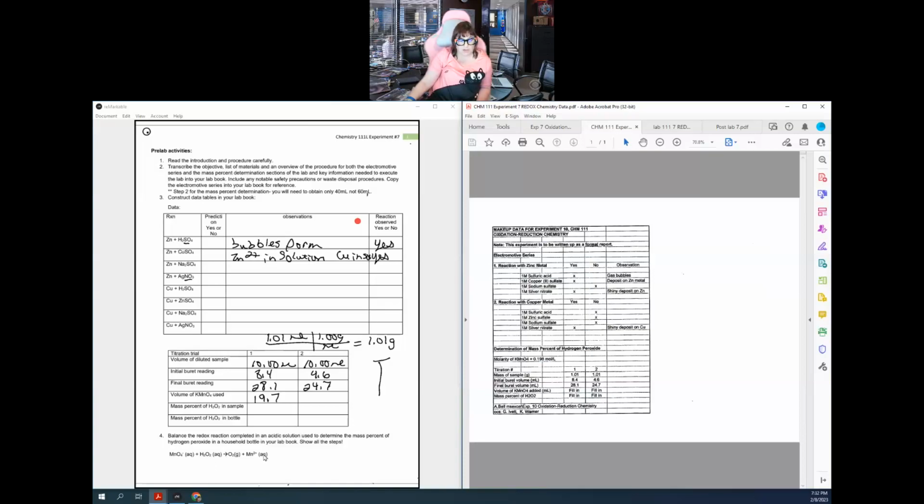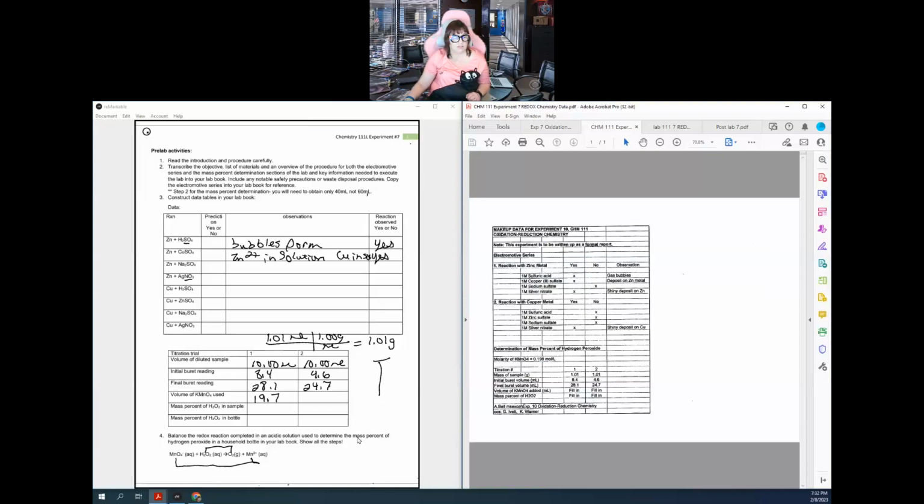All right. You'll need to balance the redox reaction. Okay. So you should have two half reactions, one of which is your Mn half reaction, and one of which is your H2O2 half reaction. So split those two, do the balancing just like you always would. You'll need to know that ratio to be able to do this.